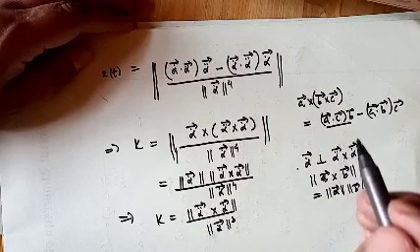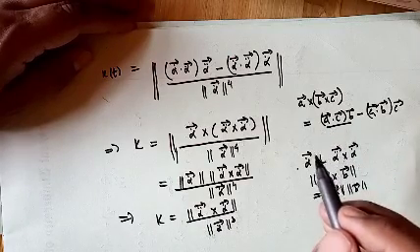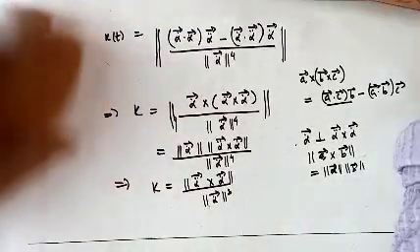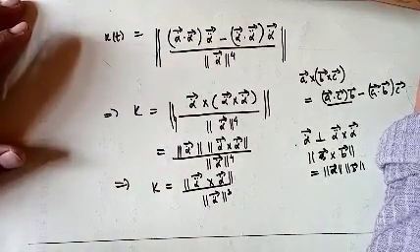So this way we got our formula for curvature in case the curve is not in the unit speed parameter.